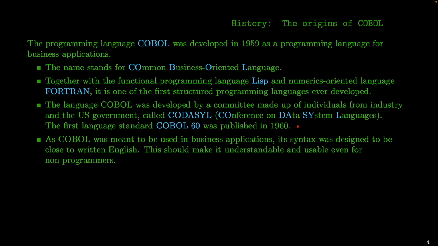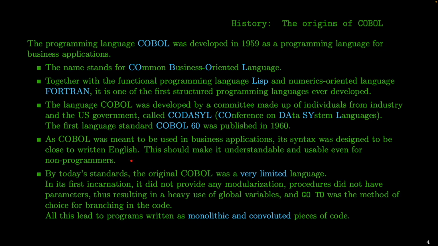The idea behind the design of COBOL was to make it as close as possible to written English, because it was supposed to be used in business applications, and even non-programmers should be able to read it and understand what the program does.